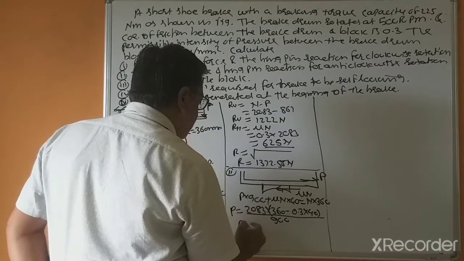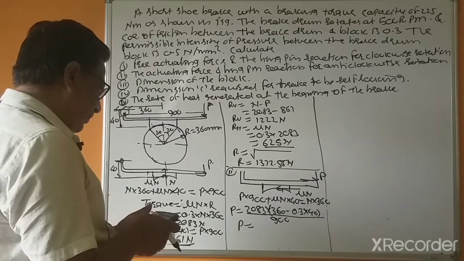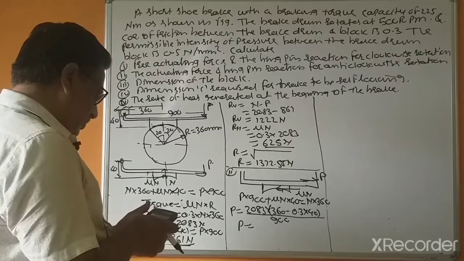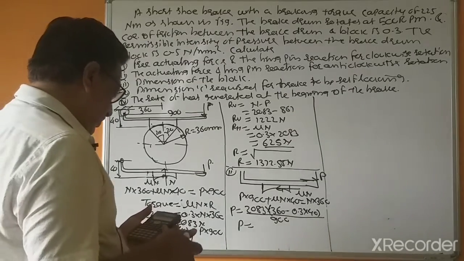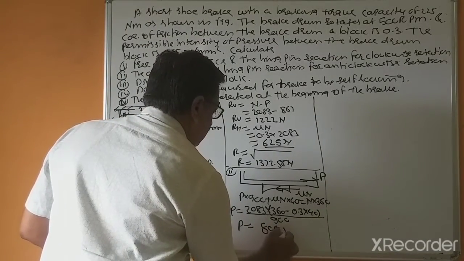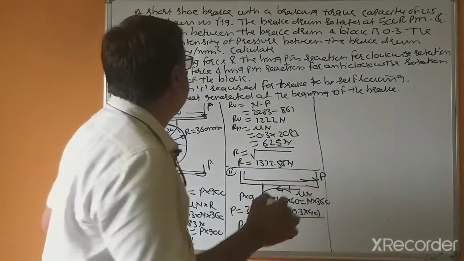So this actuating force is less. 360 minus 12 multiplied by 2083 divided by 900, this is equal to 805. So if the direction is anti-clockwise, the force required is less.